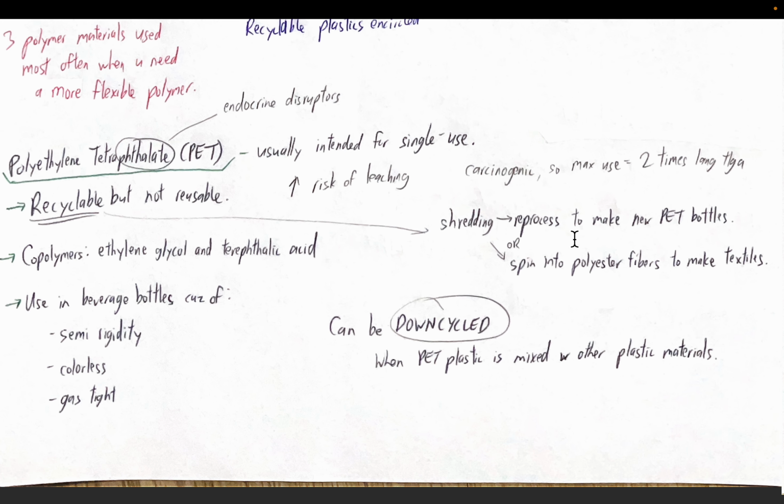If they are not reprocessed to make new PET bottles, they can be spun into polyester fibers for the purpose of making textiles. So carpets, I think that counts. What stuffs pillows? Pillow stuffing. I'm not sure how it's formally called, but I think you get the idea.